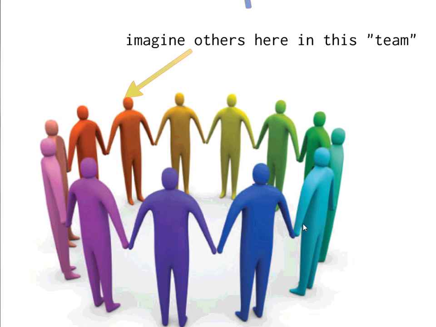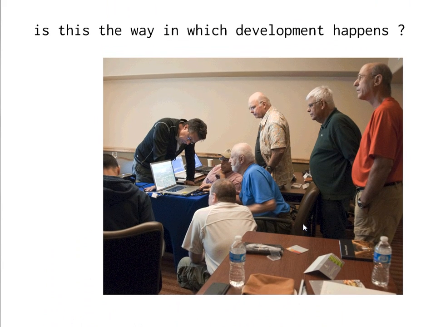We need to figure out what problems arise with managing your source code. Here is a picture that shows only one person working on a computer and everyone else looking at him. But this is not the ideal scenario.